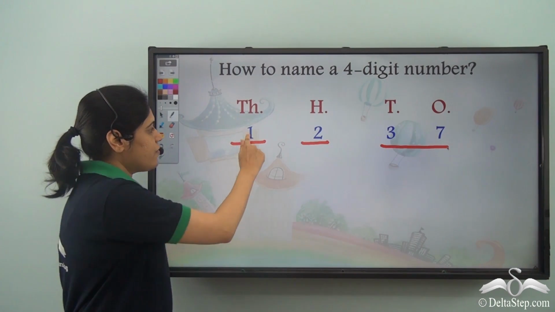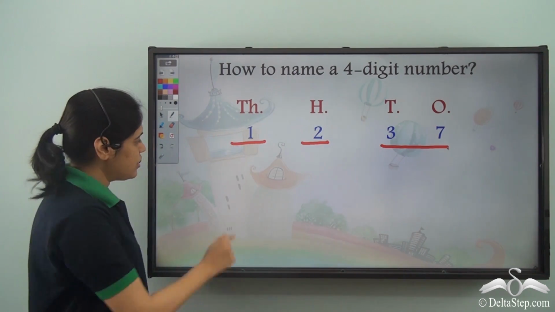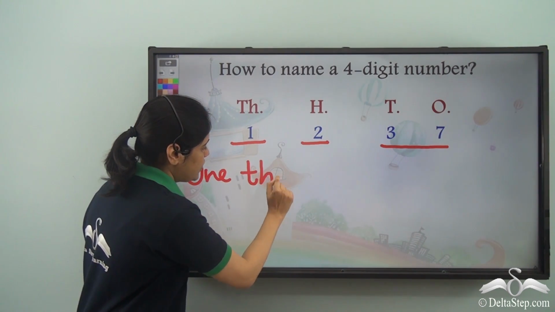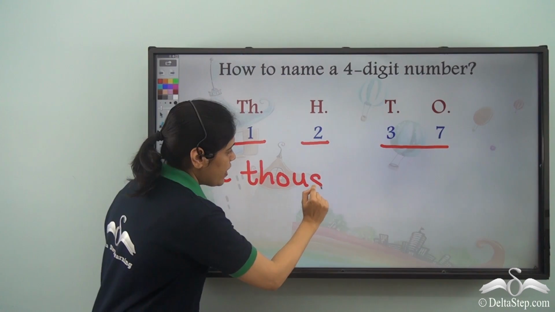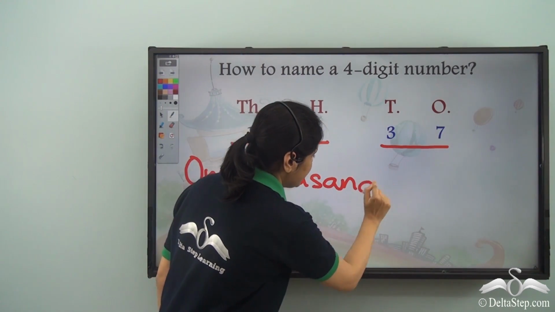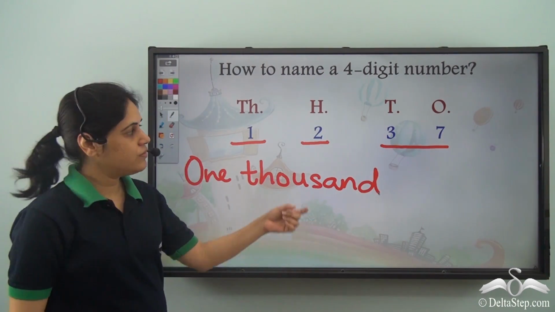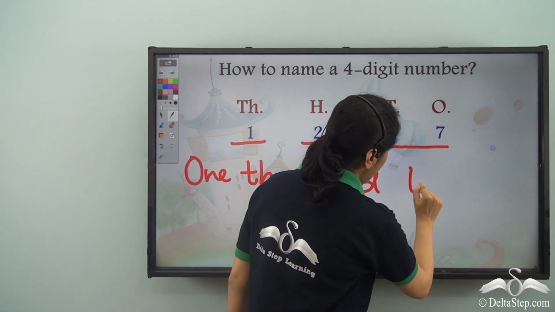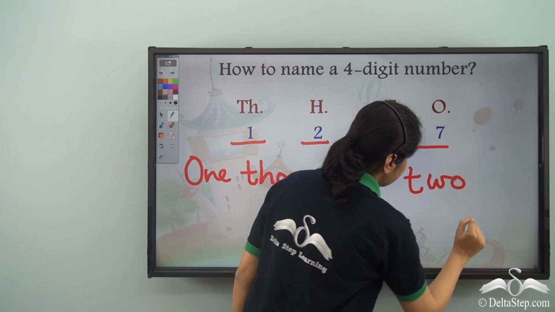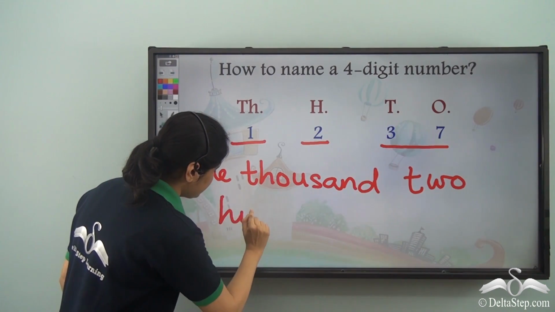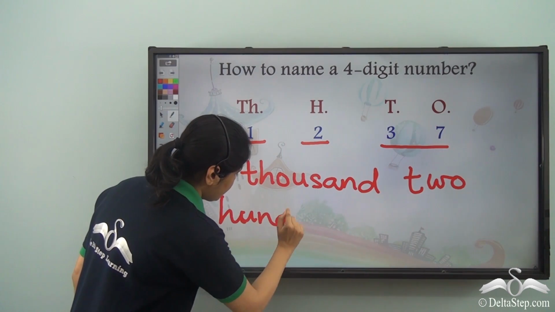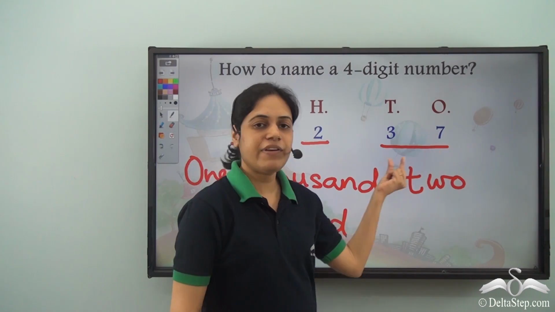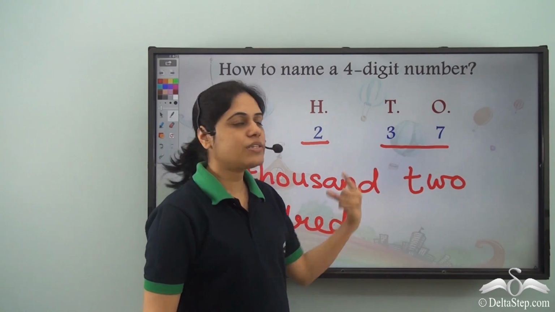So from here we have 1 in the thousands place, so this is 1000, one thousand. 2 as the hundreds digit, so 200, and 37 as the tens and ones digit, so this is 37.